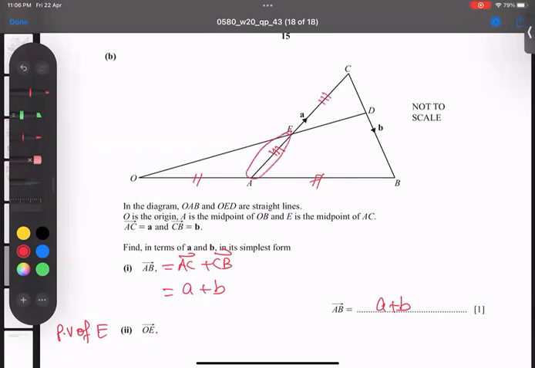If this is a, then the full is a, and half a, half a. So I can say that O to E equals O to A plus A to E. How come? O to A, O to E, A to E. And O to A is very clear.